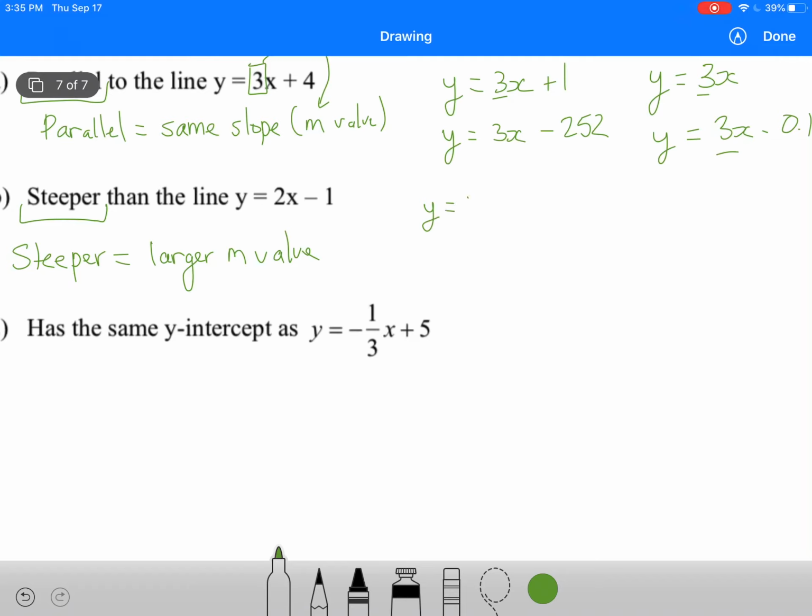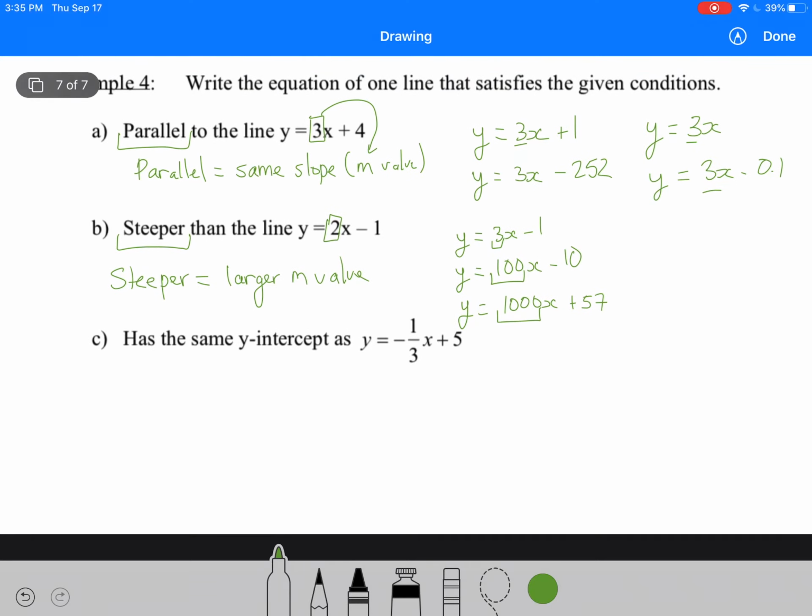So I can do y equals 3x minus 1. Y equals 100x minus 1, or minus 10, let's say. All of these are examples of a line that is much steeper because their m values, or their slopes, are all larger than the one in the example.